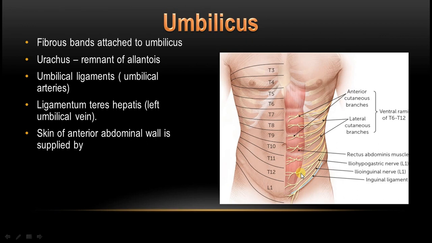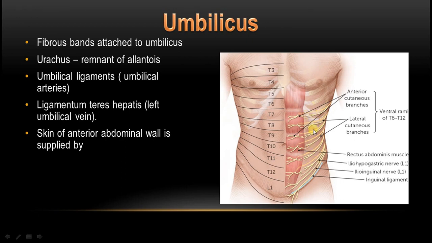The 12th nerve is actually called the subcostal nerve, and then by the L1 segment through the iliohypogastric and the ilioinguinal nerves. These are all actually the ventral branches, cutaneous branches.